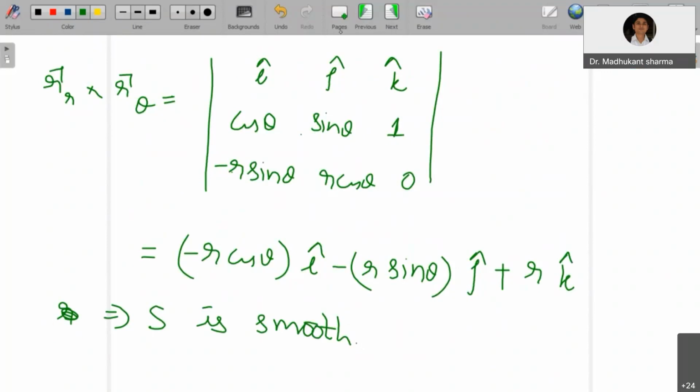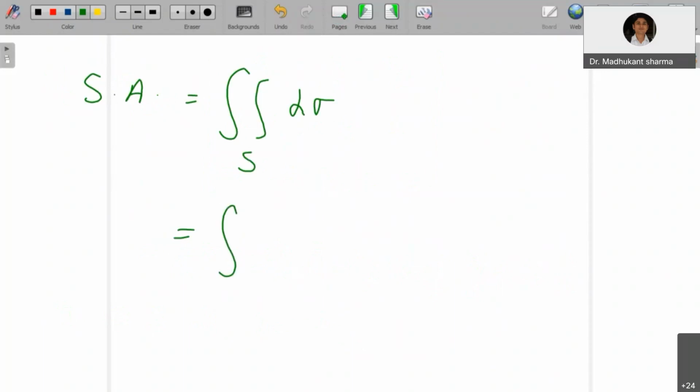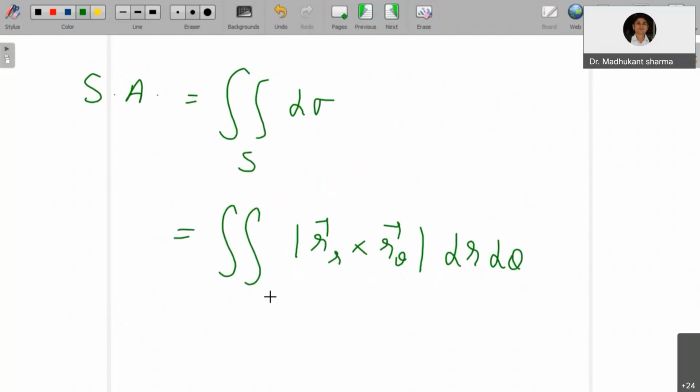Now you have all the information. From here, the surface area is the double integral of S d sigma, and what was that? It is the double integral of the magnitude of r_r cross r_theta dr d theta. The r limit is 0 to 1 and the theta limit is 0 to 2 pi.